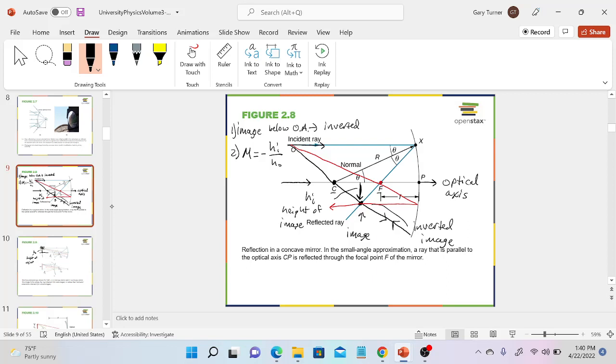So this is how much larger or smaller your image is than your object.